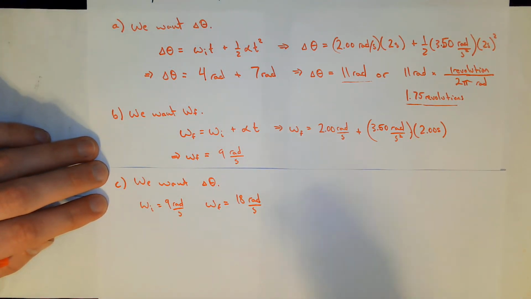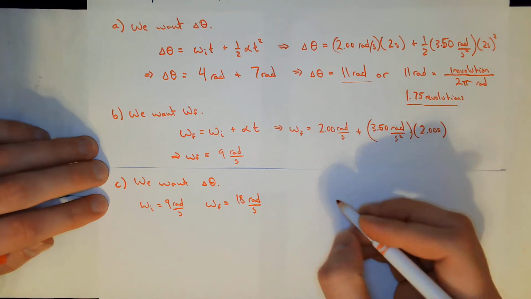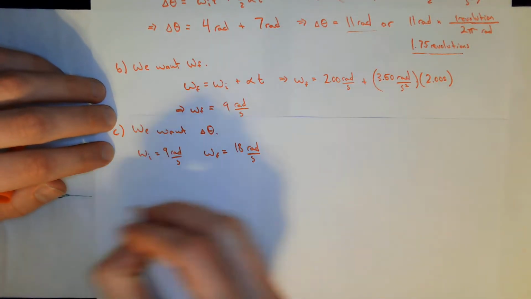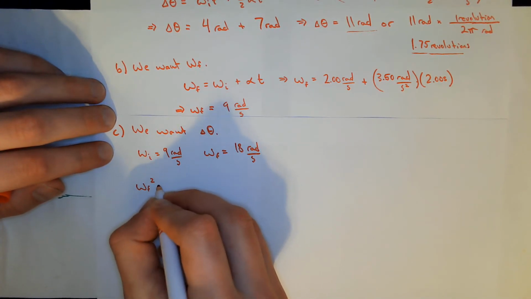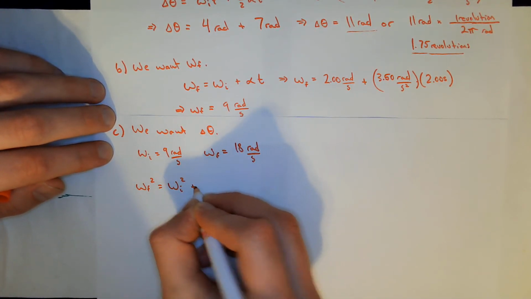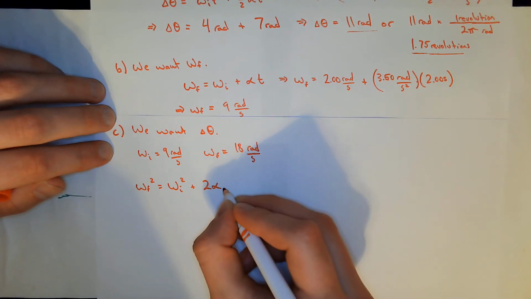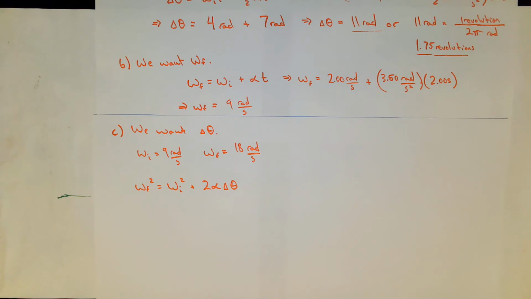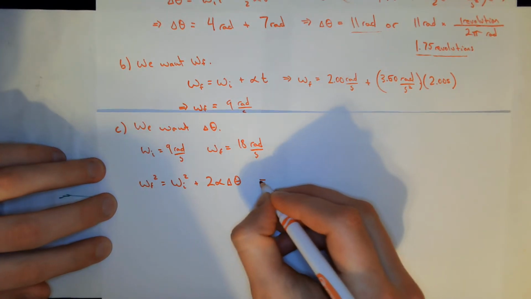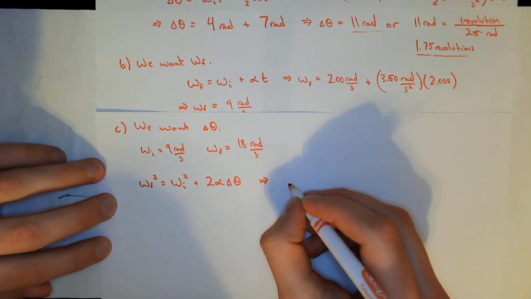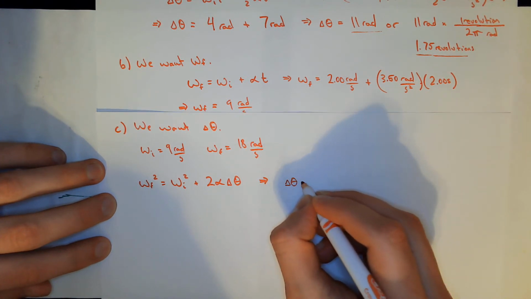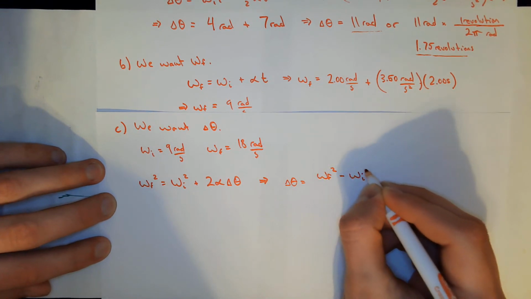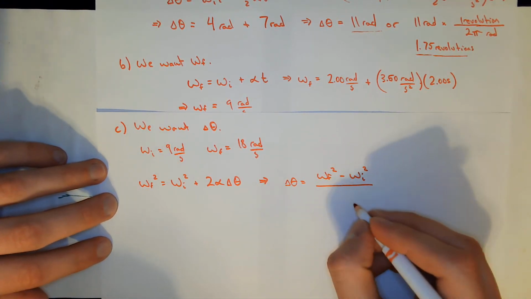What equation relates all these things? Well, of course, it's omega final squared is equal to omega initial squared plus 2 alpha delta theta. I can quickly reorganize this to be delta theta is equal to the difference in the squares of these two velocities over 2 alpha.